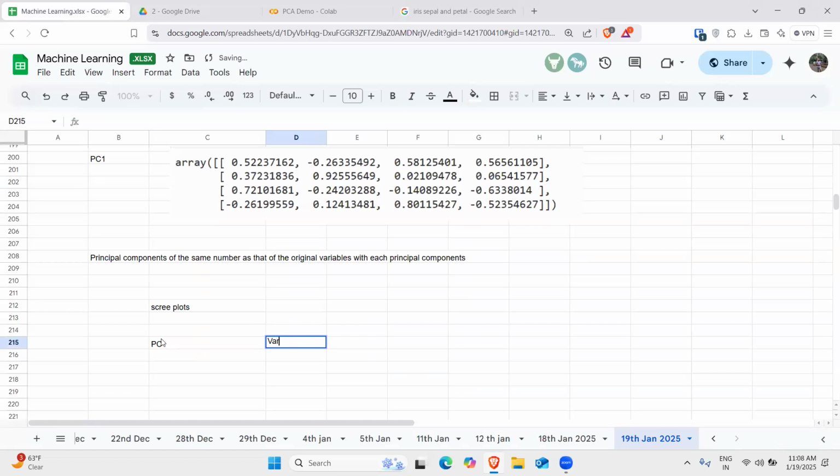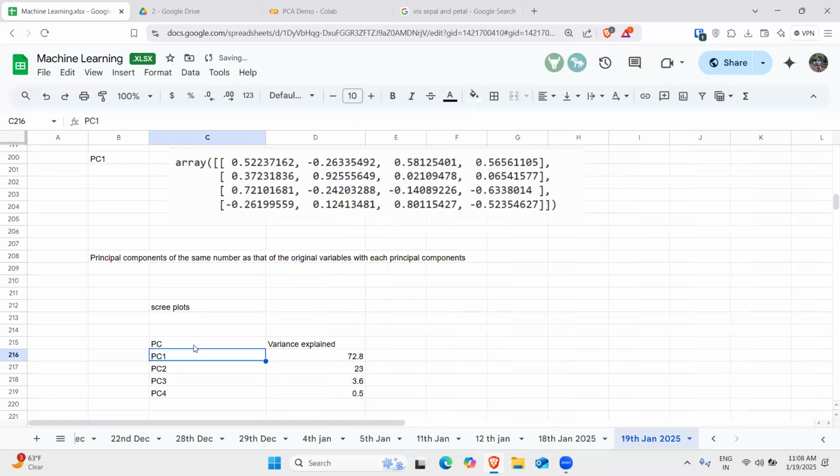Principal component and variance explained by them. This is PC1, PC2, PC3, and PC4. Variance explained is 72.8. This is 23. This is 3.6, and this is 0.5. Right? This is my principal component.